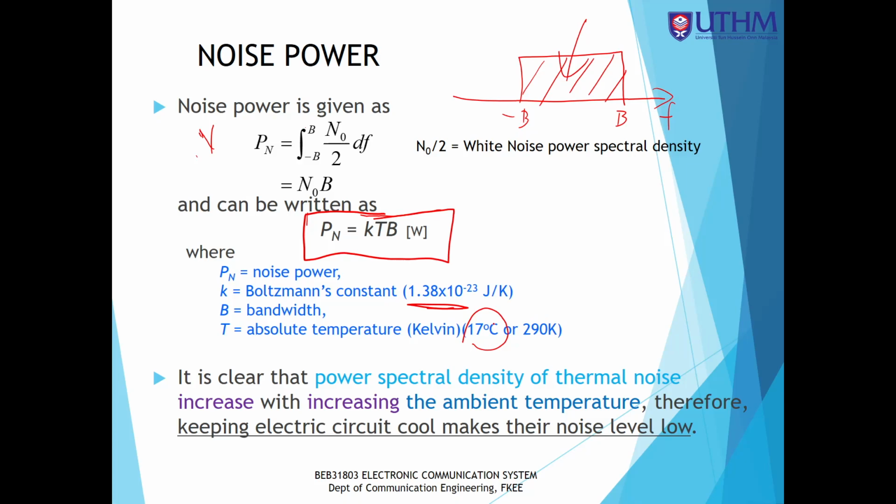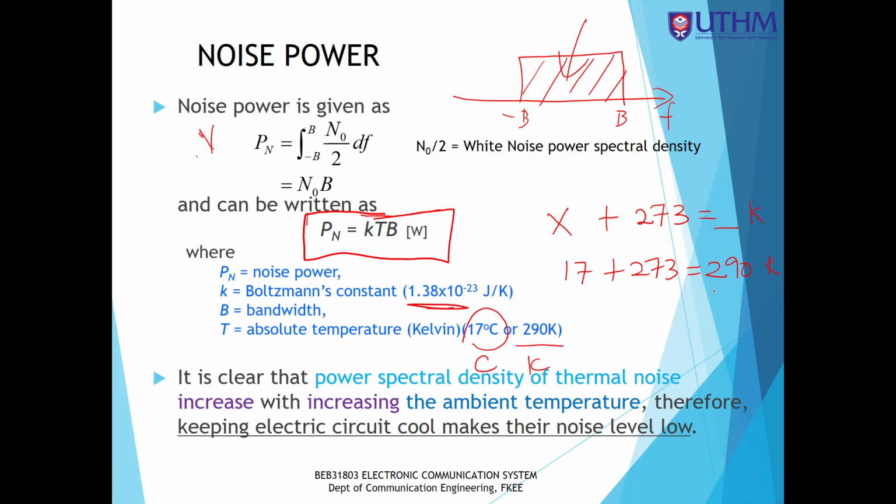So 17 degrees Celsius is equal to 290 Kelvin. How to get this value? To convert from Celsius to Kelvin, you add 273. So 17 plus 273, you get 290 Kelvin.